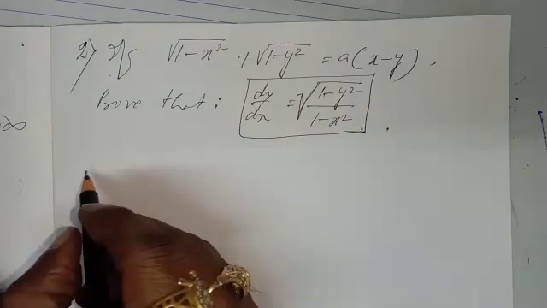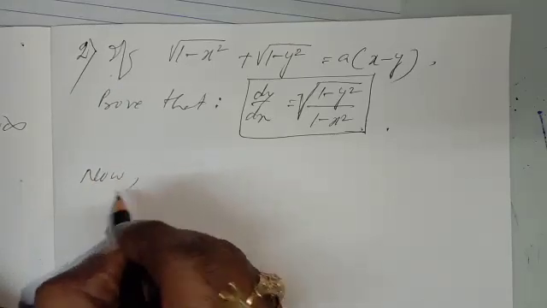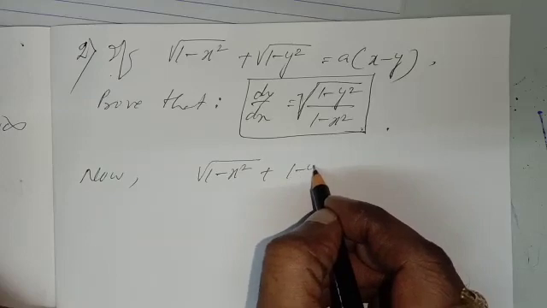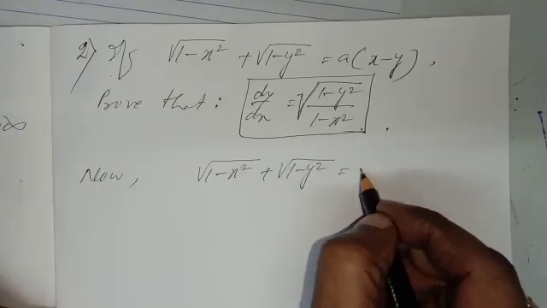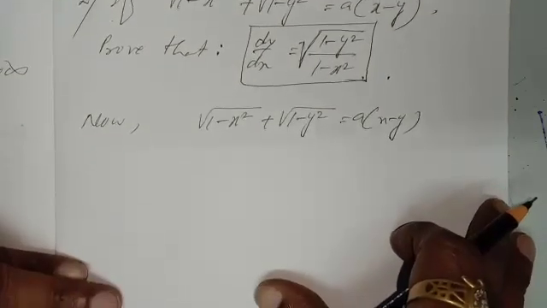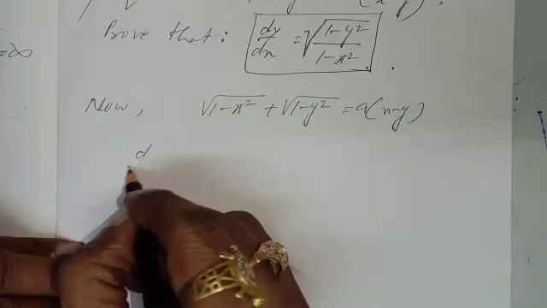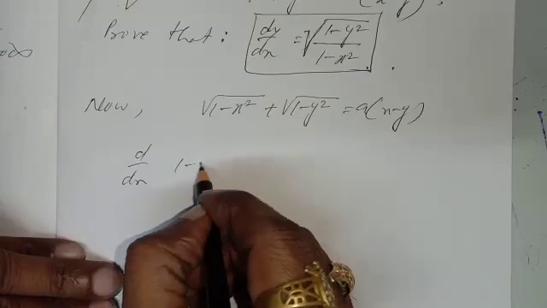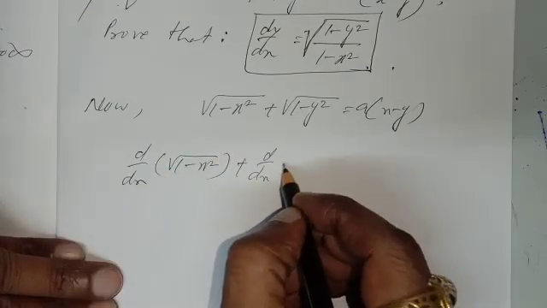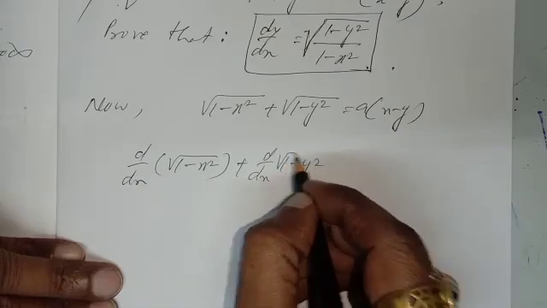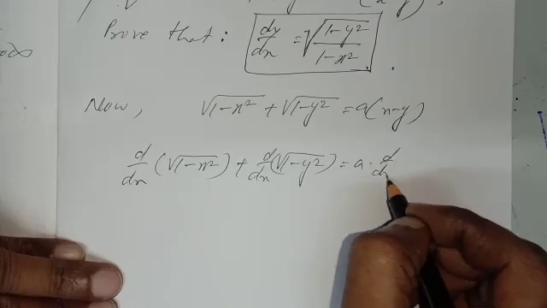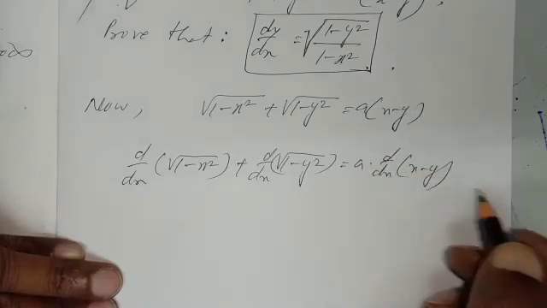Okay. Now see, root over 1 minus x square plus root over 1 minus y square is equal to a into x minus y. Differentiating both sides with respect to x, means d by dx of root over 1 minus x square plus d by dx of root over 1 minus y square, then a constant taking outside, d by dx of x minus y.